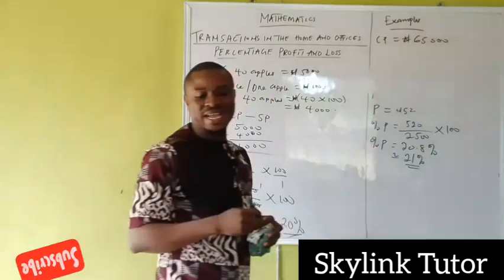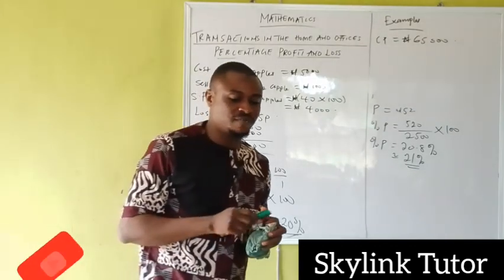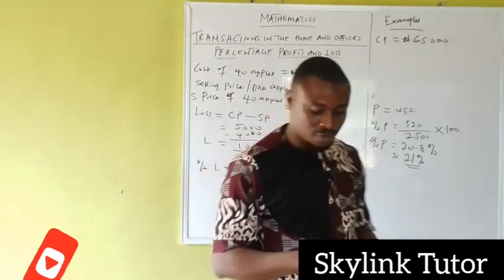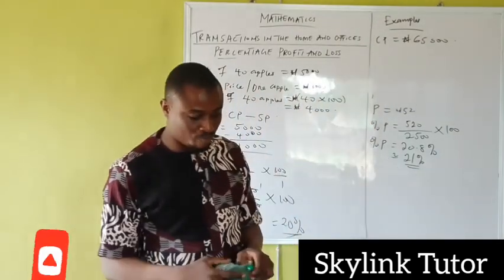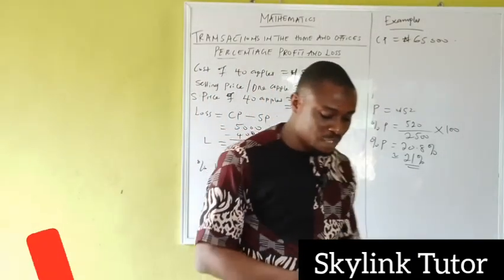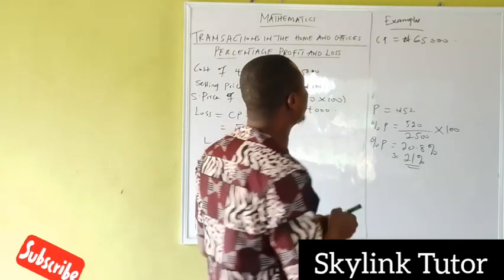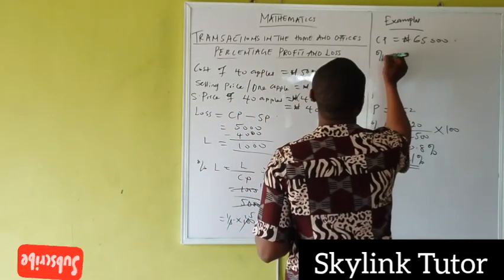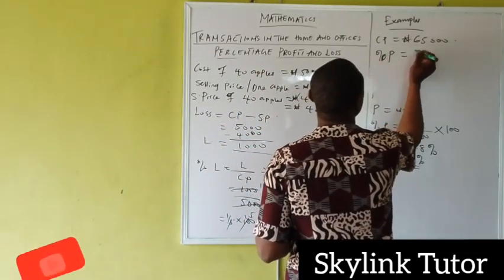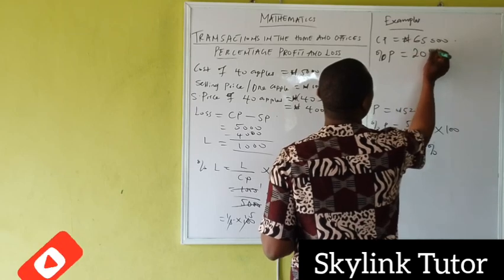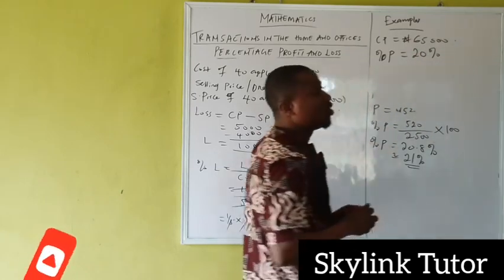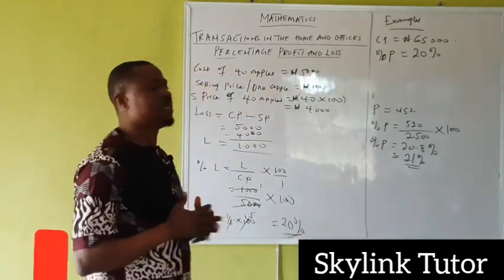A dealer buys articles for 65,000 naira. Find the price he will sell it in order to make a profit of 20%.